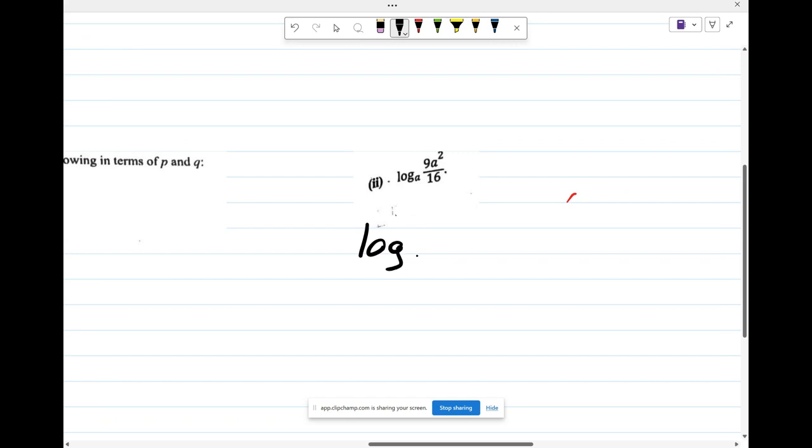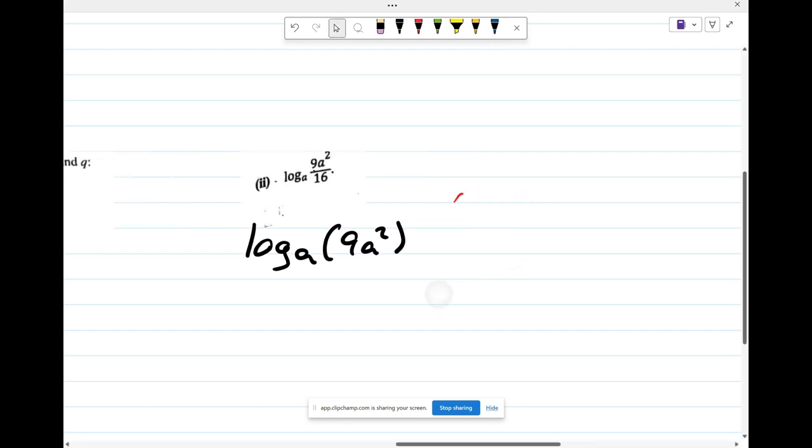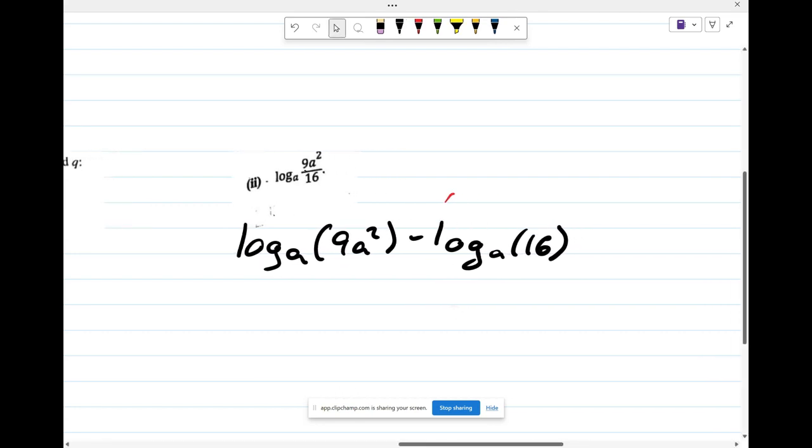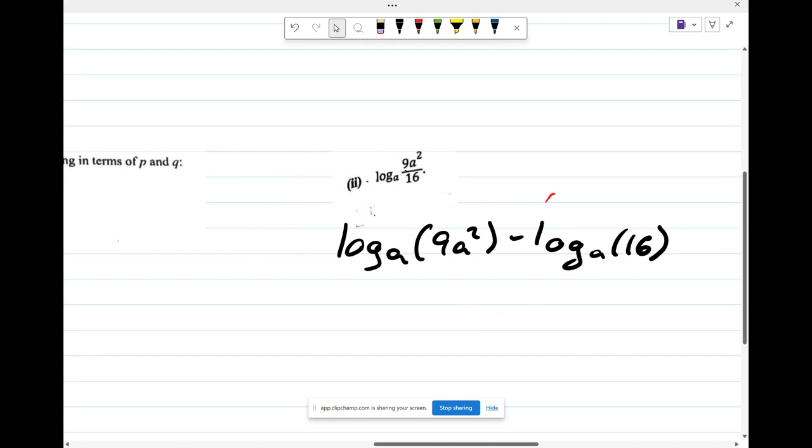So log to the base a, we know something divided by something, we're just going to minus them off each other. So log to the base a of 9a, minus log to the base a of 16. And okay, so we have another rule: something multiplied by something is going to be added.